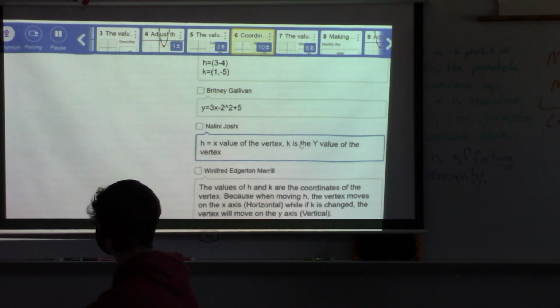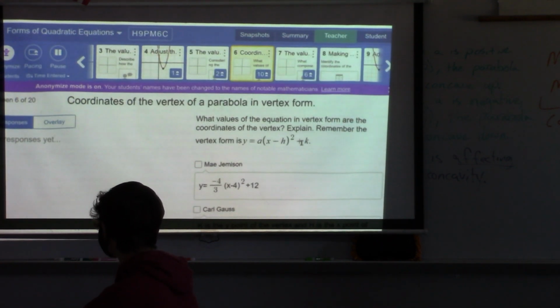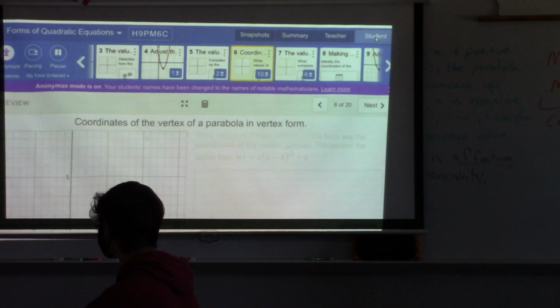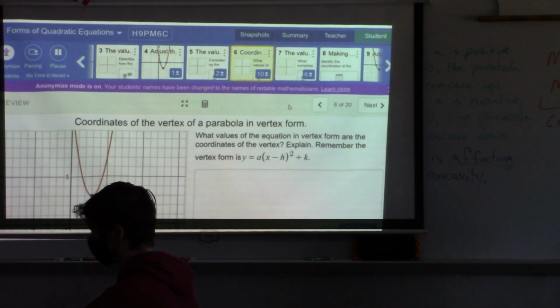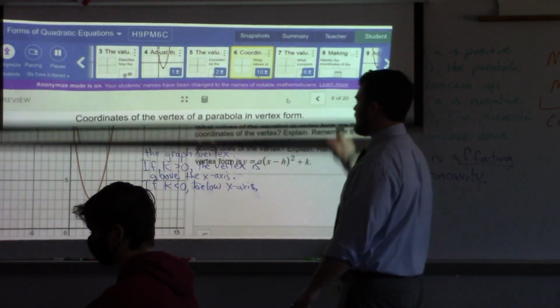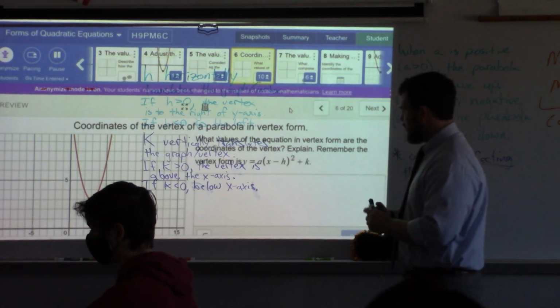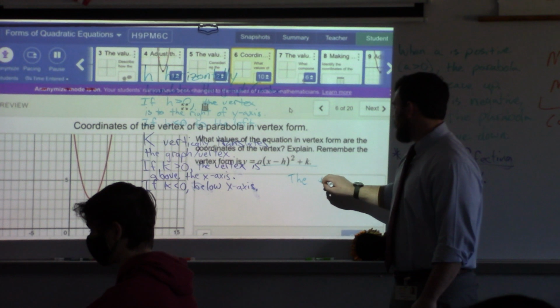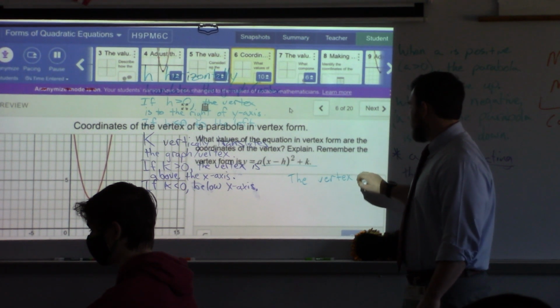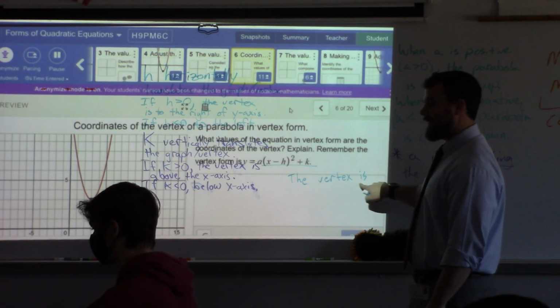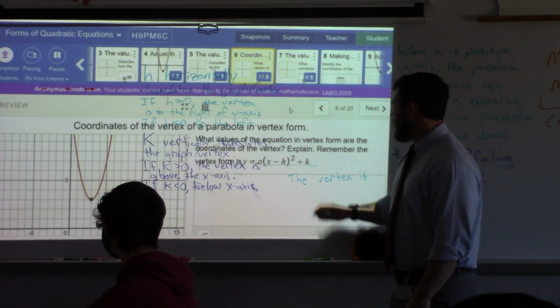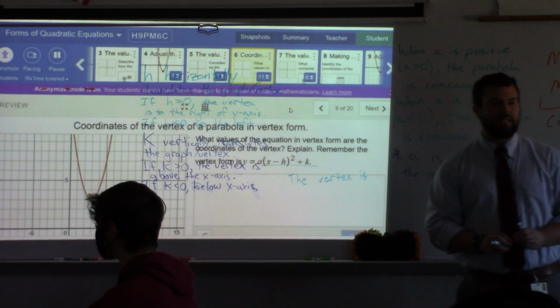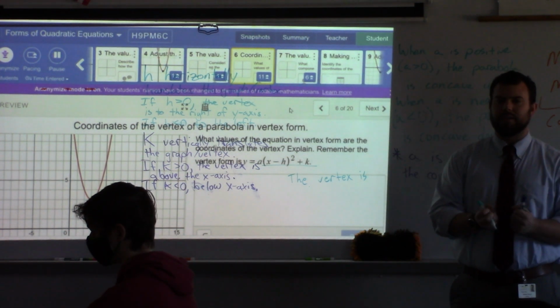So when we look at this equation, a times x minus h squared plus k, from this equation, the vertex is, and notice how I say is, it's the same as, how would I put h and k together, since the vertex is a point?